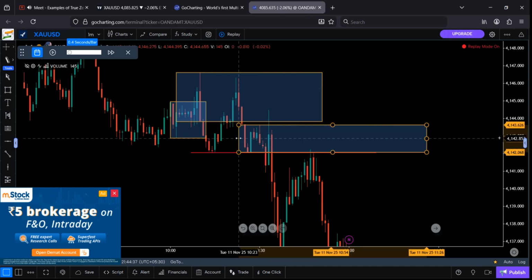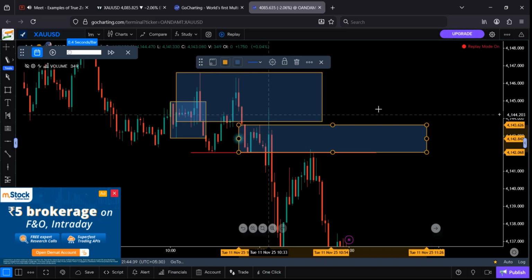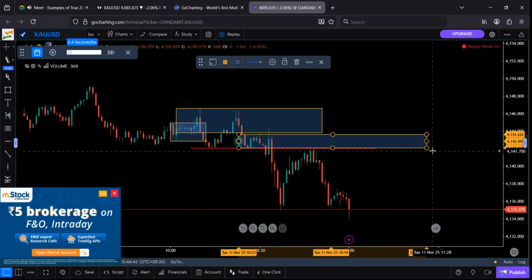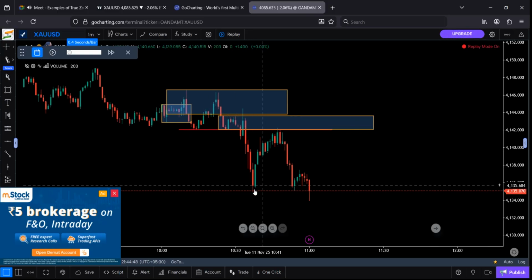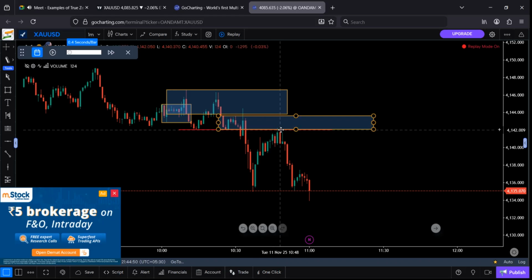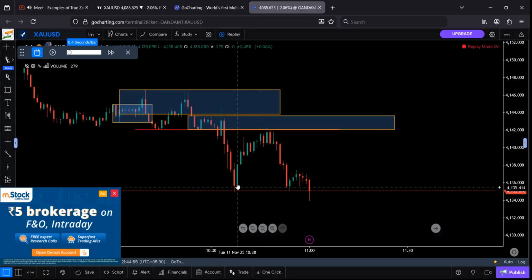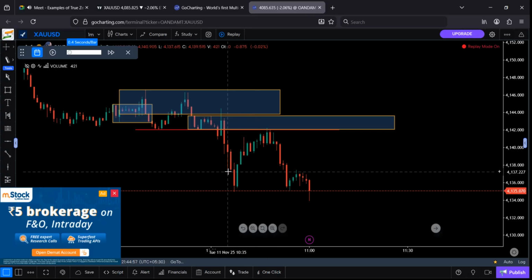This is minor and this one is major. Okay. Price fell down here and then goes back again. So we can take entry here and our minimum target will be here.